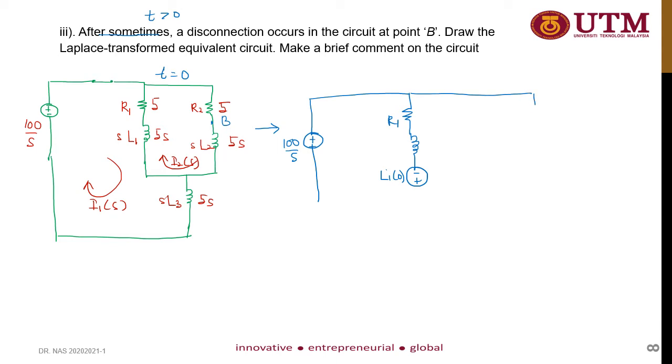And on the right hand side, you have the resistor R2, and the disconnection occurs at this point, point B, and you have the inductor with the additional source in series. Again, it is L2 I2 naught. This is L1. And then at the bottom you have another inductor in series with its source.